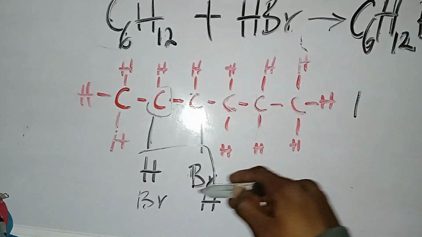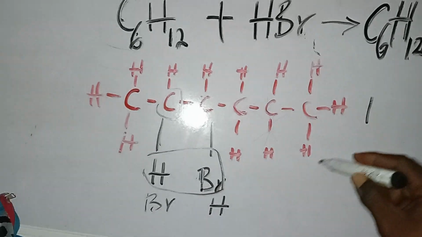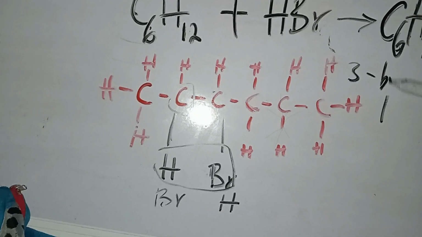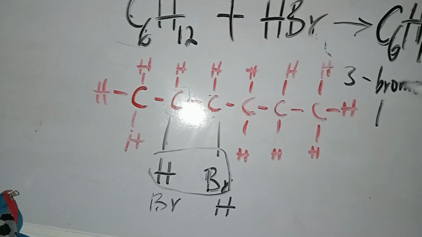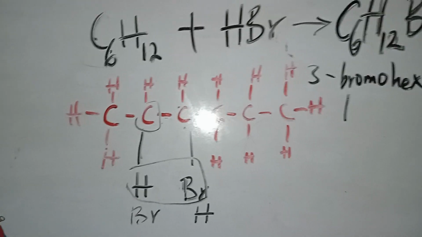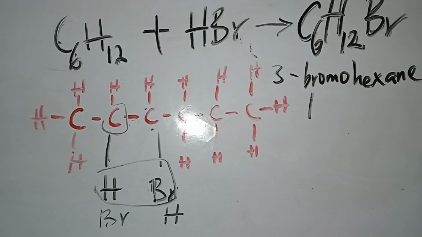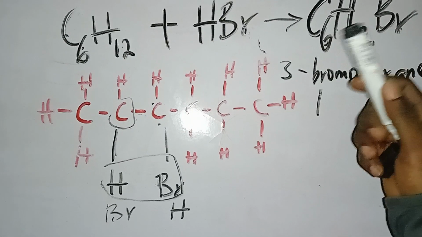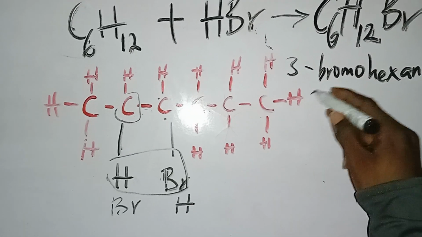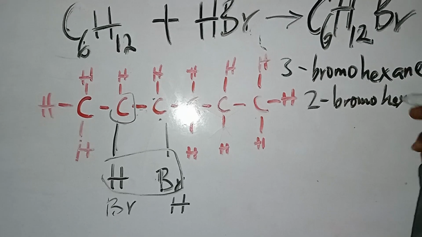For this particular one, we are naming this 1, 2, 3. So at position 3, then 3-bromo, and since 6 is hex, 3-bromohexane. Then for this one, we can also have 2-bromohexane.